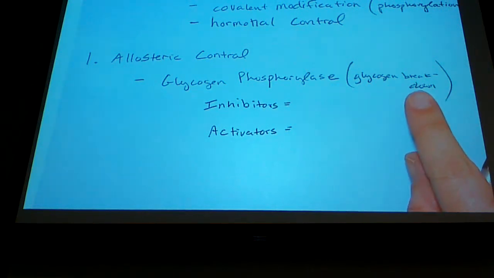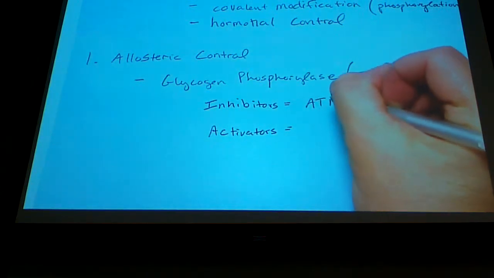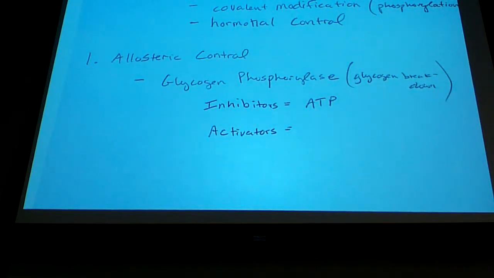If I want to break down glycogen, it's probably because I need glucose, although some things work counterintuitively sometimes. If I don't need glucose and I don't need ATP, then what do you think would work as a good inhibitor? If I have a lot of ATP around, I can use it as an inhibitor for this enzyme, because the only reason I want to break down glycogen is because I need more ATP and glucose. So ATP works as an inhibitor.